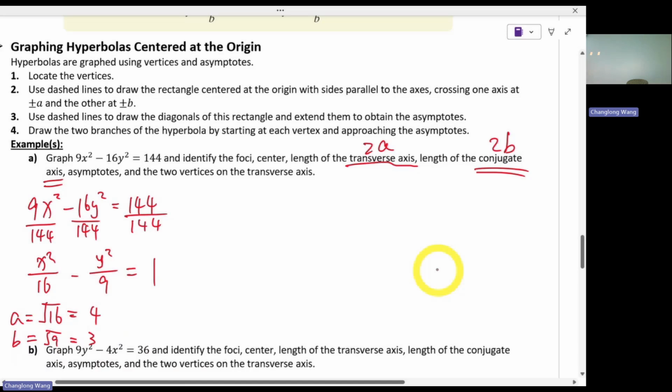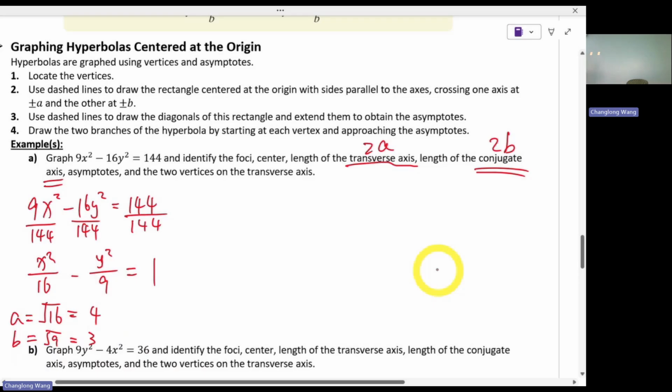Now take a look at the standard form of the two equations on page 2. Once again, on the top, you see that you have two equations, right? x squared over a squared minus y squared over b squared. That's a horizontally opening hyperbola. But when it comes to the vertical one, you have y squared over a squared minus x squared over b squared.